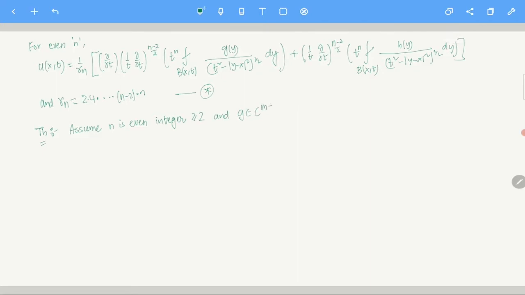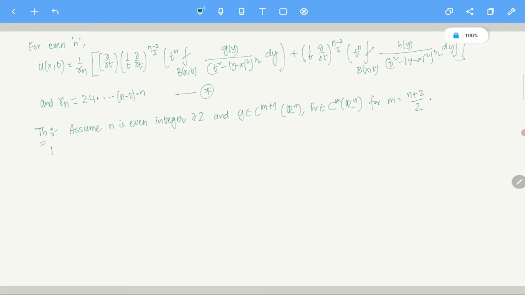And g is in C^(m+1)(R^n), h is in C^m(R^n), where m equals, if you remember, (n+2)/2 for even n.